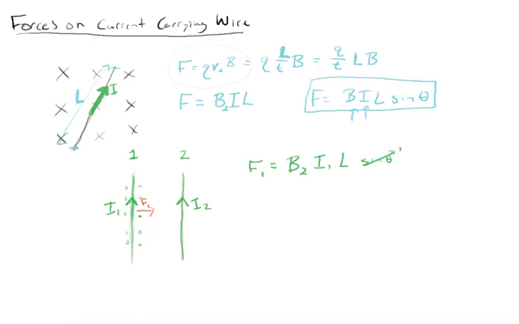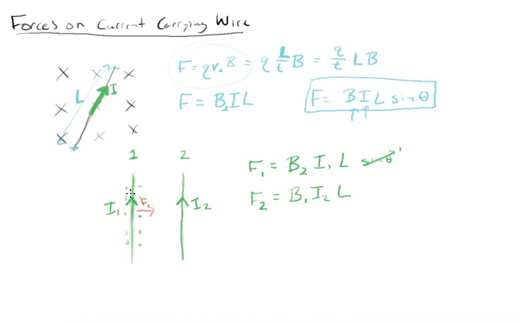And now let's do wire 2. The force on wire 2 is the magnetic field created from wire 1, so B1, times the current in wire 2 times, again, their length, and the sine of theta is 1. So you get this force on wire 2. What direction is the magnetic field created from this?